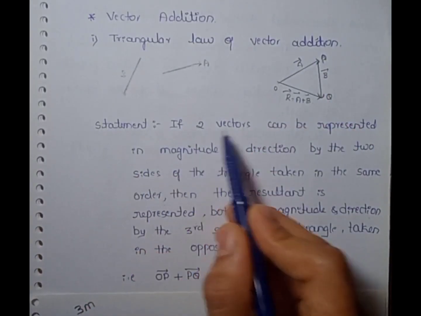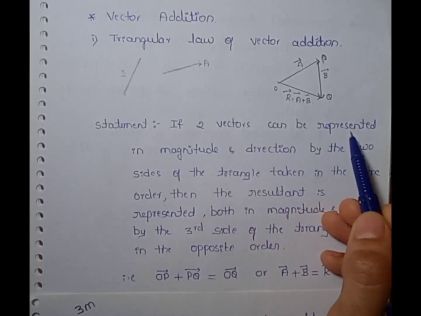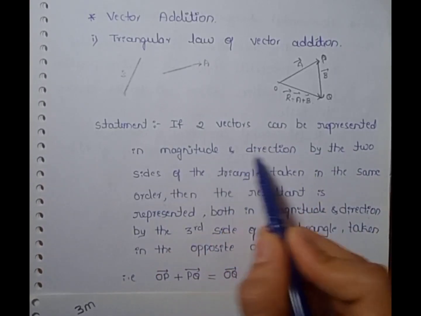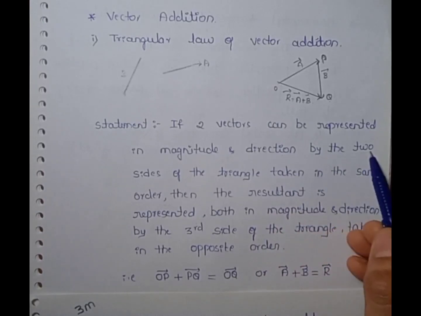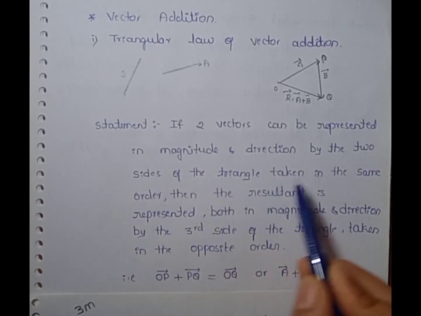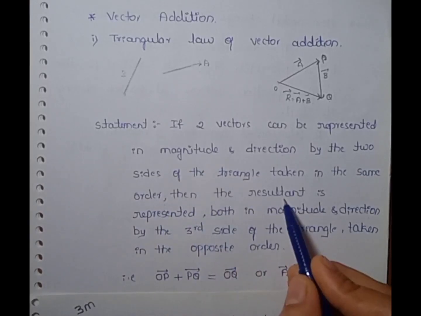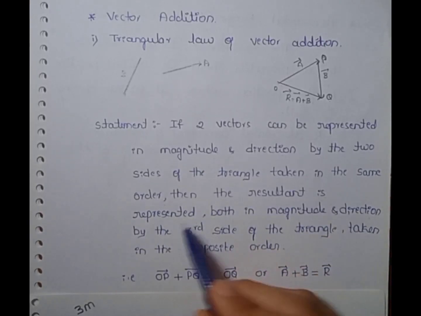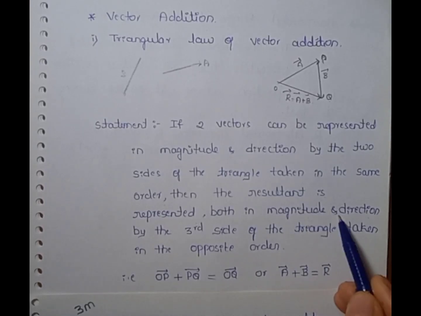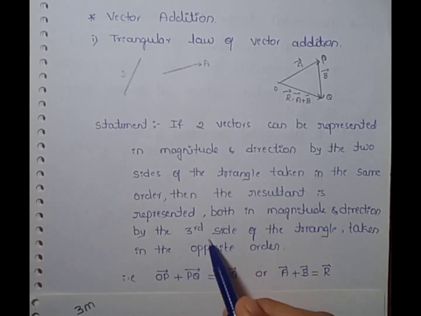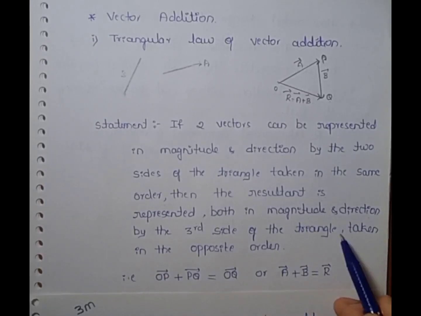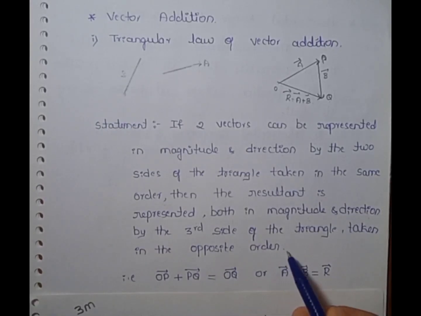Statement: if two vectors can be represented in magnitude and direction by the two sides of a triangle taken in the same order, then the resultant is represented both in magnitude and direction by the third side of the triangle taken in opposite order.